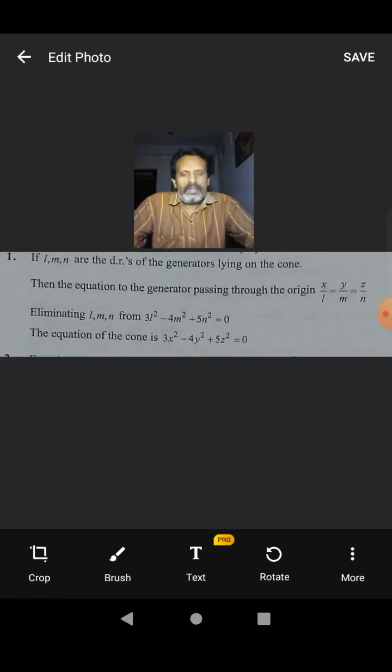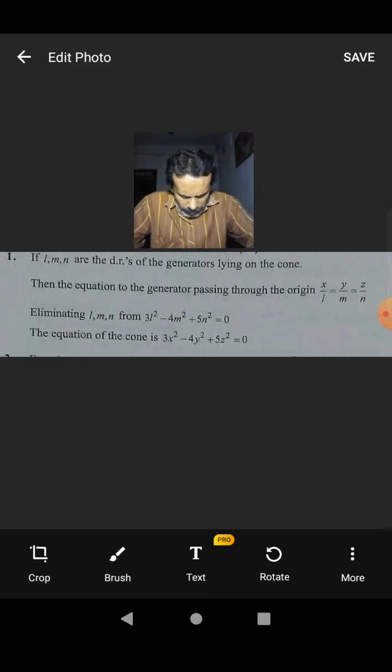Here, given the point (alpha, beta, gamma) is equal to (0, 0, 0), as the origin is the vertex of the cone. Now the direction cosines of the cone are given in the relation al square plus bm square plus cn square is equal to 0. Here 3l square minus 4m square plus 5n square is equal to 0.